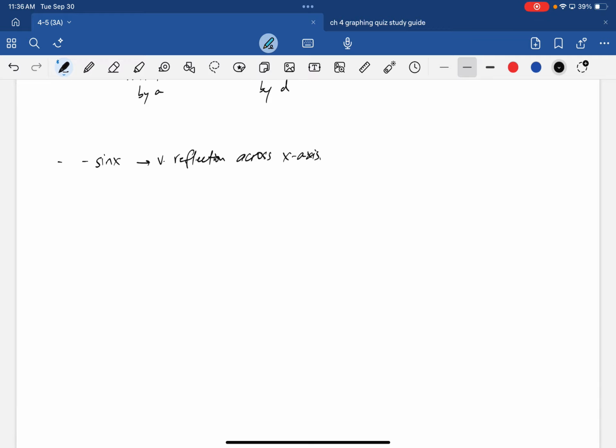If I were to draw sine x in red and maybe 2 sine x in blue, then it would be a vertical stretch and my amplitude would change. Let's say this is 2, this is 1, -1, -2. Sine x has to cross the origin with a positive slope. Sine x will always do that.